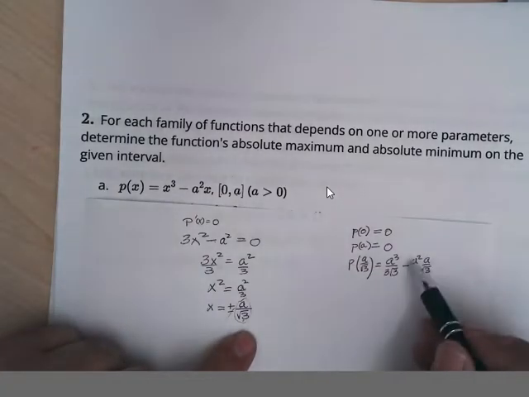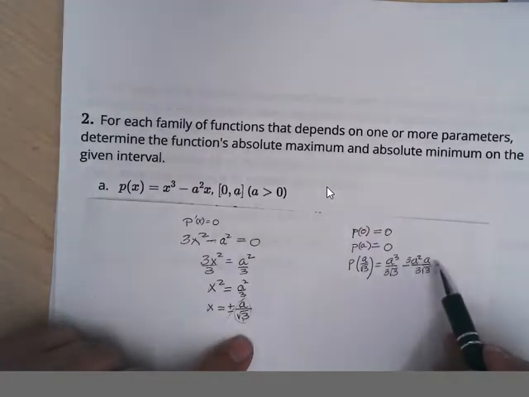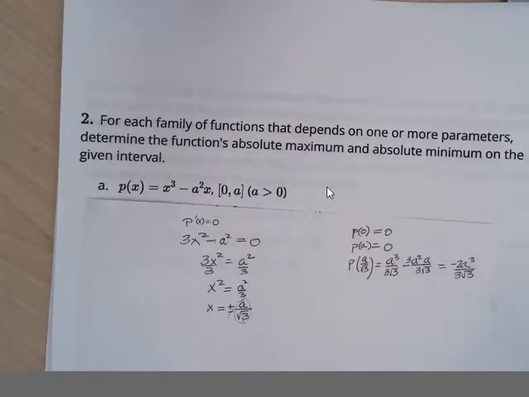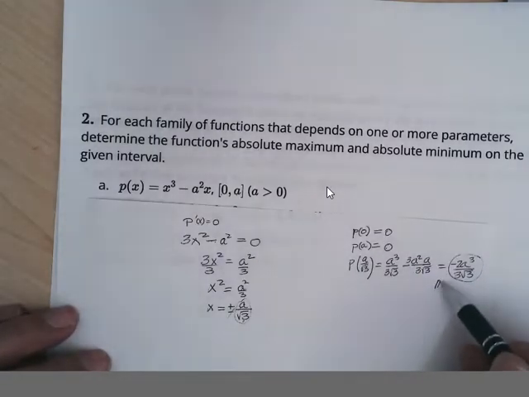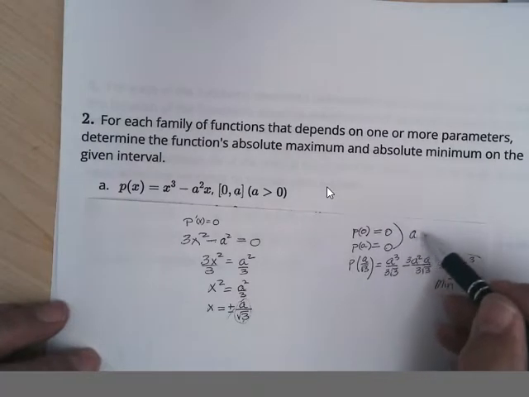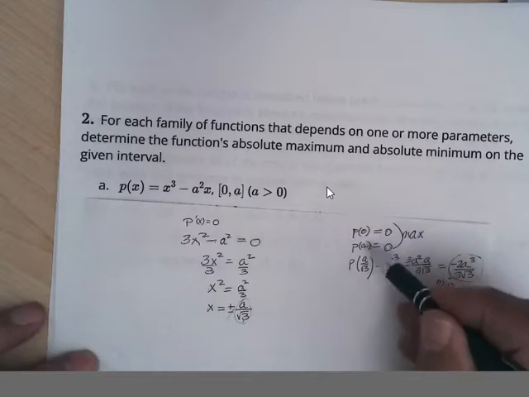These don't have common denominators, so I'll multiply by 3, and I get a cubed minus 3a cubed, which is minus 2a cubed over 3 square root of 3. So, if a is a positive number, this is negative, and this is 0, and this is 0, so this is the min, and the absolute max is 0, and it happens at two different places, at 0 and a.